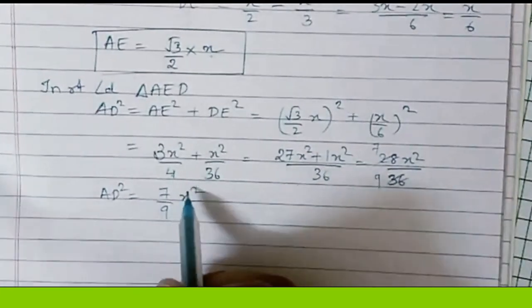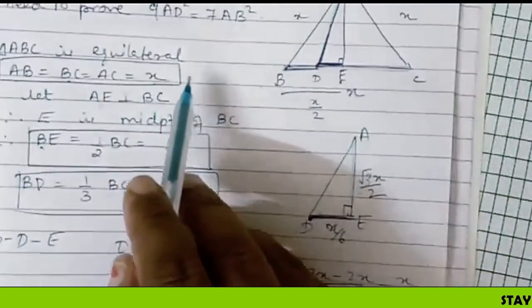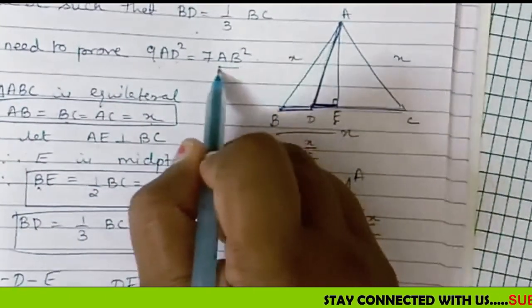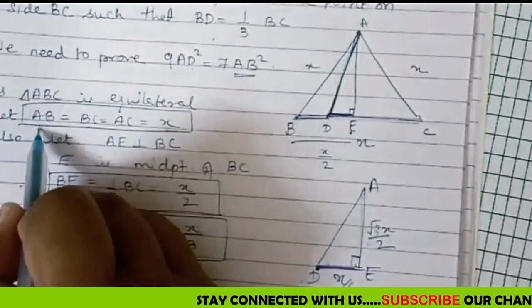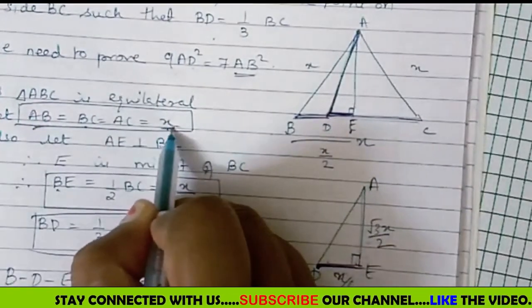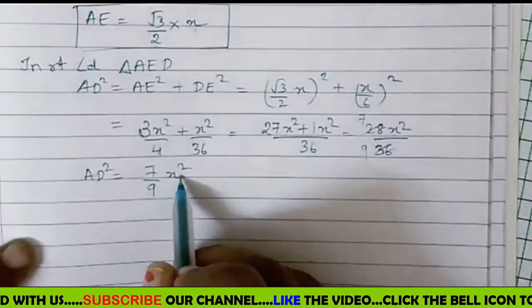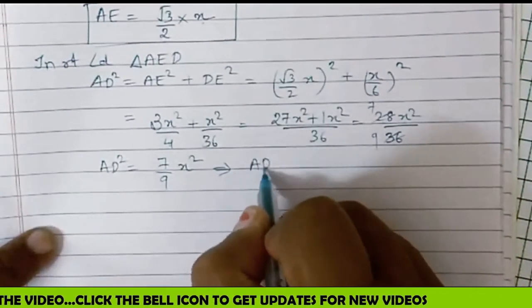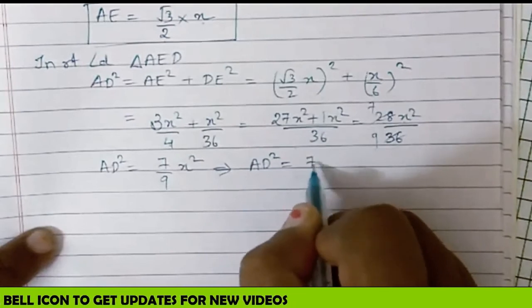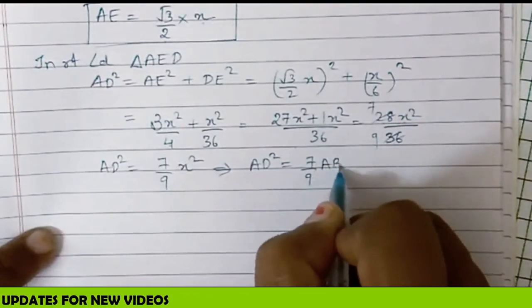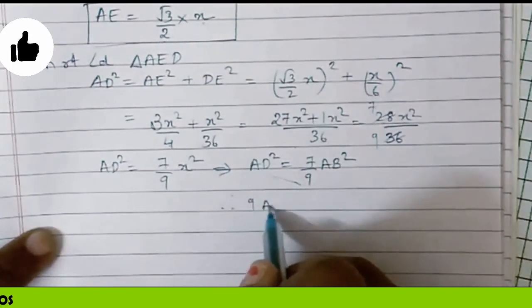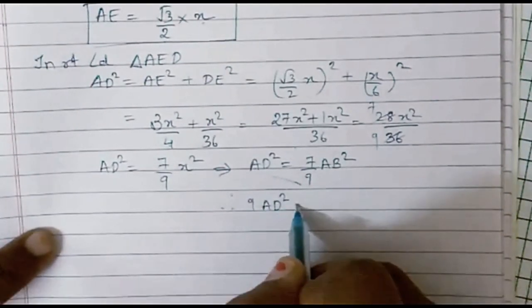Now again, if we see the result we needed to prove, it was 9 AD square is 7 AB square. Means we require AB. And AB was actually equal to x. So in place of x here, I can replace it by AB. So this result can be rewritten as AD square is equal to 7 upon 9 AB square. Okay. And by cross multiplication, we will be getting 9 AD square is equal to 7 AB square. And hence the result is proved.